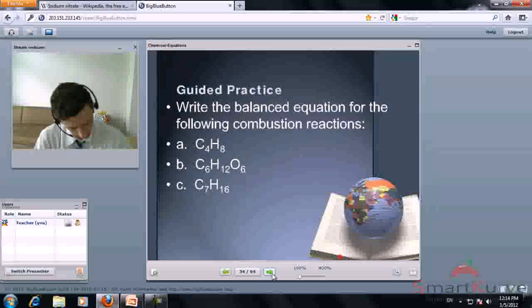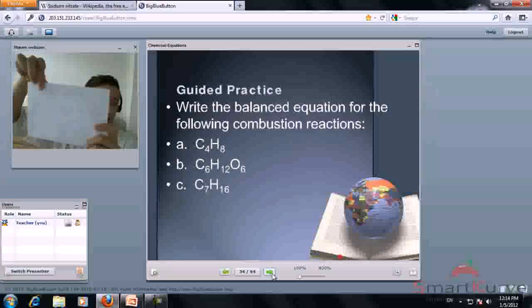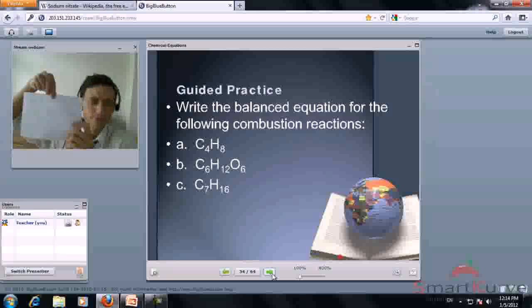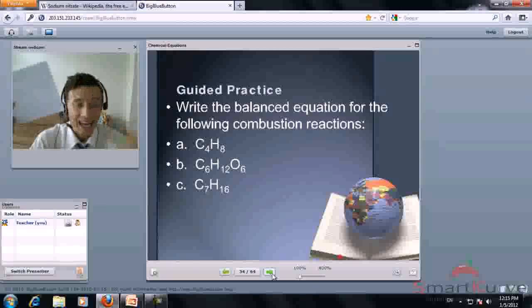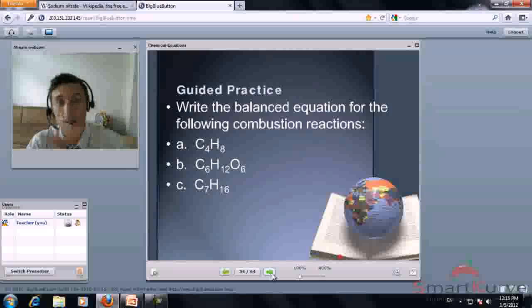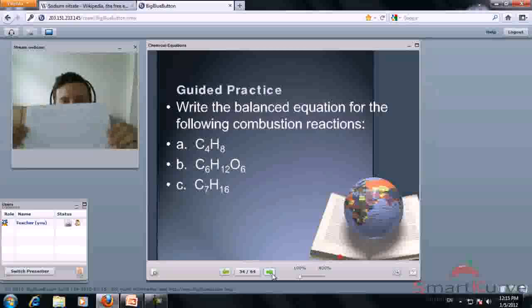We just need another 6. Now we've got 6 times 2, 12, plus 6, 18, which is just what we have here on the product side. So now we've got 18 atoms of oxygen on the product side, 18 on the reactant side, and our equation is balanced.